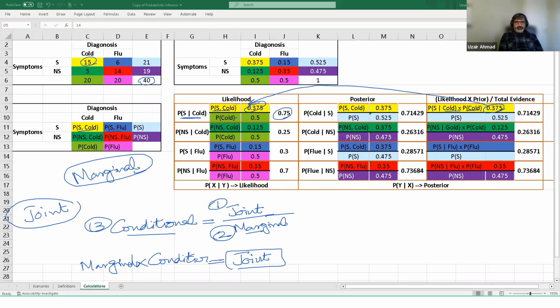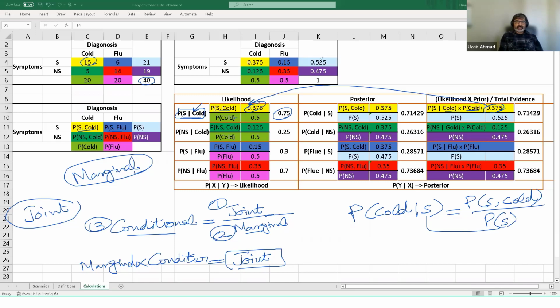Now we know that joint by marginal is giving us conditional, conditioned on the known information. So can I change the position? Instead of having S given cold, can I ask, what is the probability of cold given S sneezing? It will be the joint probability of S and cold, divided by marginal of known information, sneezing.